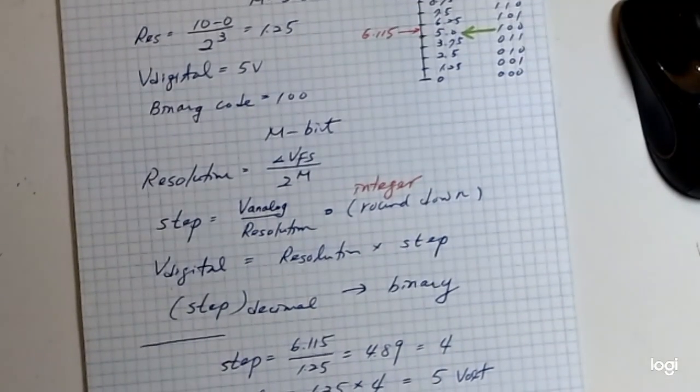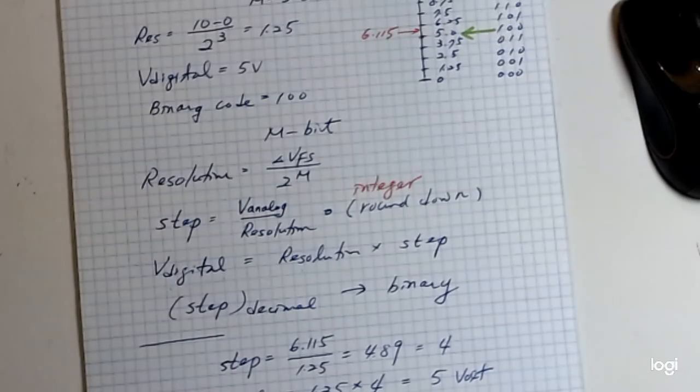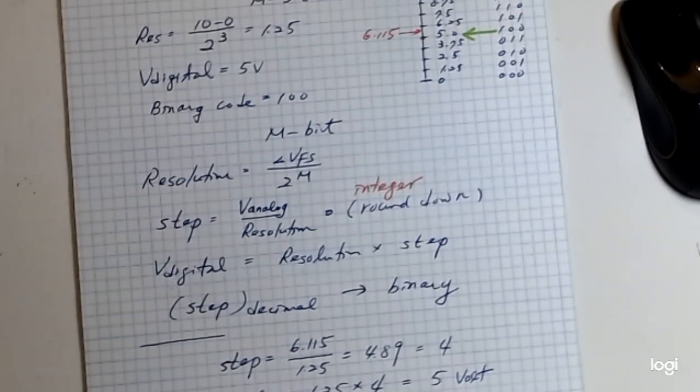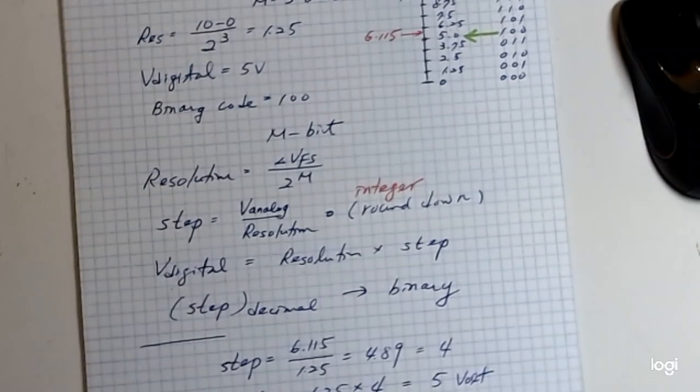The binary, so represent decimal number 4 in terms of binary. 4 divided by 2, 2 divided by 2, 1: 0, 0, 1.